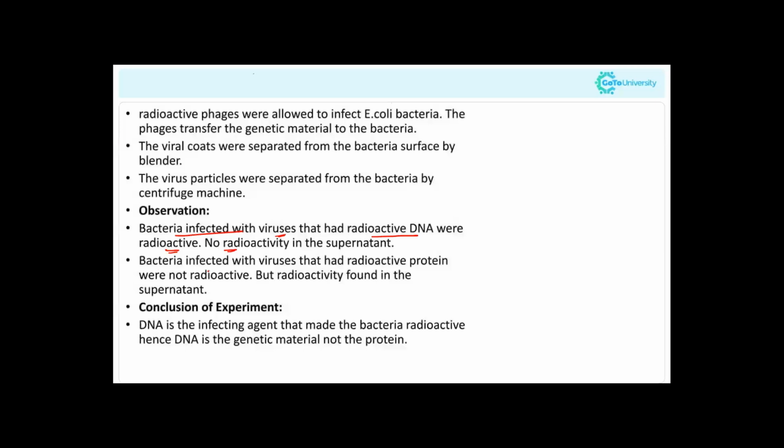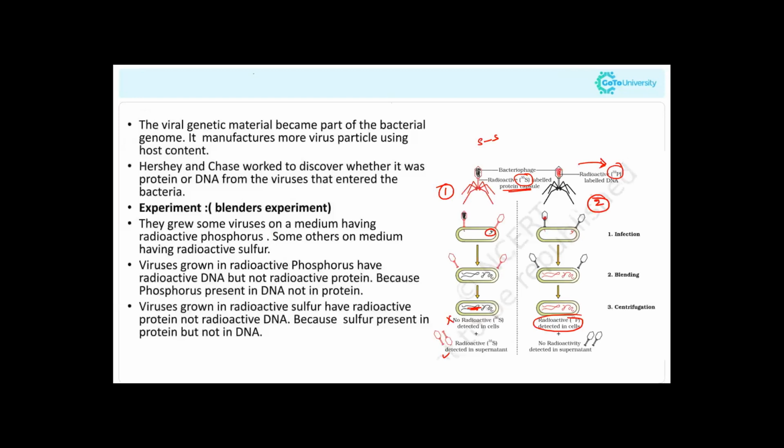Whereas the bacteria infected with the virus that had radioactive protein were not radioactive, but the radioactivity was found in the supernatant. So this means DNA is the infecting agent that made the bacteria radioactive. Hence, DNA is the genetic material, not the protein. So this is the Hershey and Chase experiment.